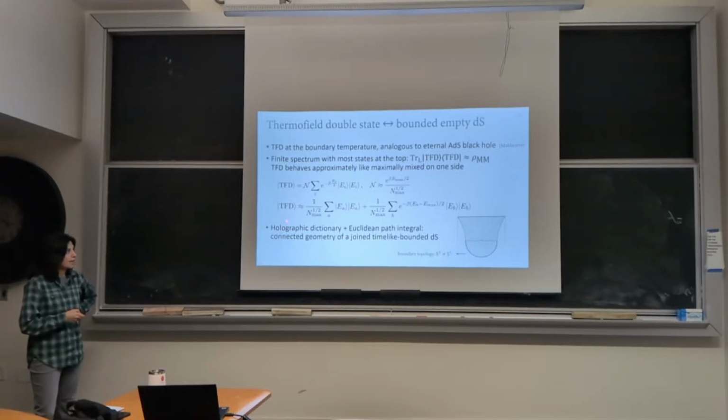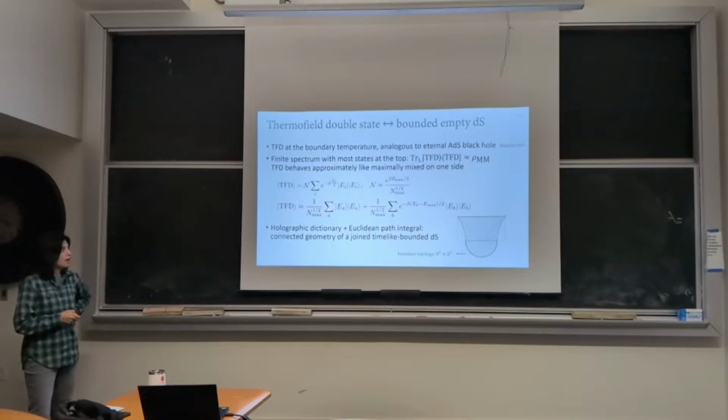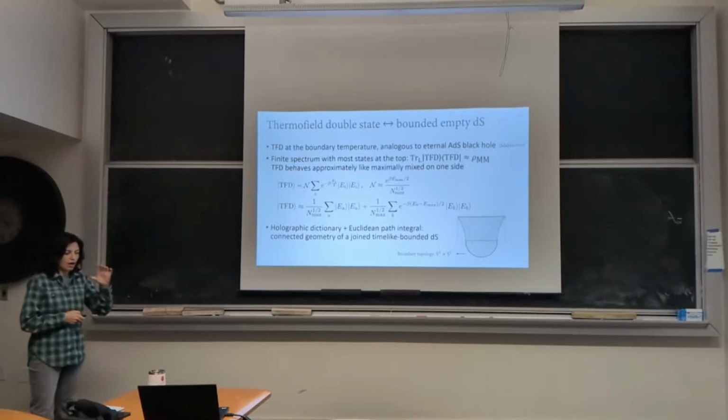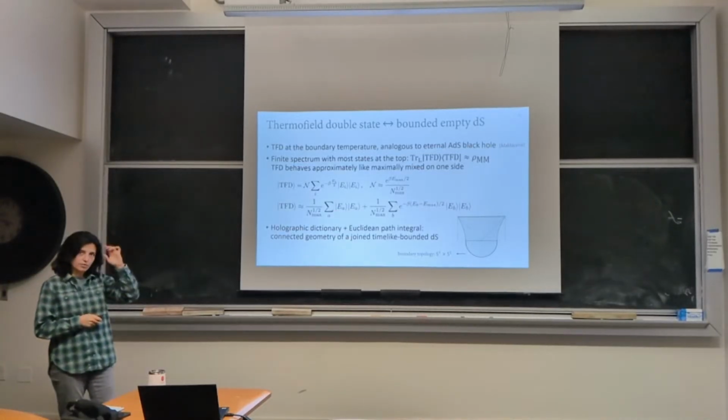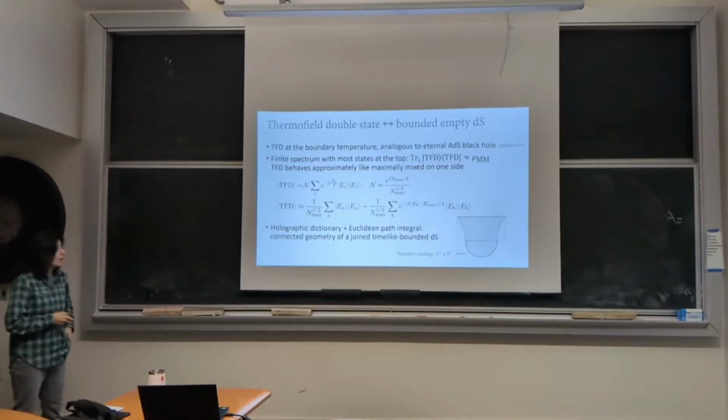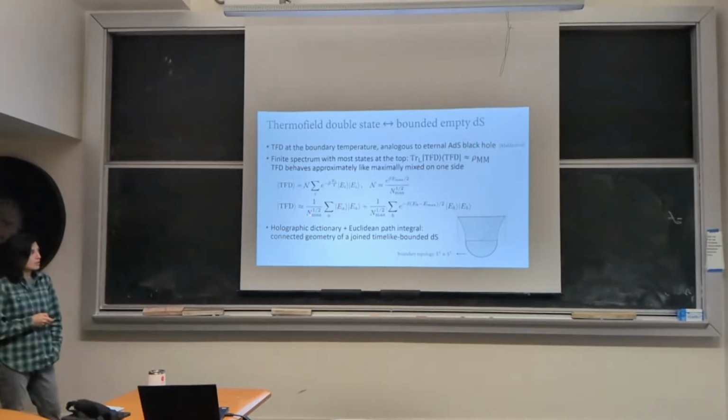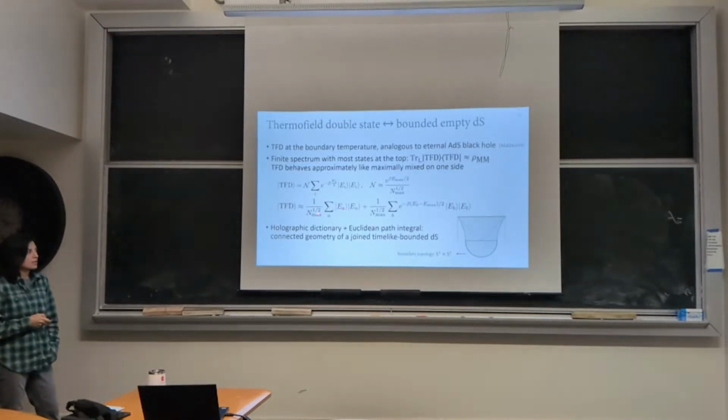And then if you put it back into the state, the sum goes over those high energy states at the top of the spectrum. So for those parts of the spectrum, you get nearly maximally mixed behavior here. If you trace out the other side, you get an almost maximally mixed state.